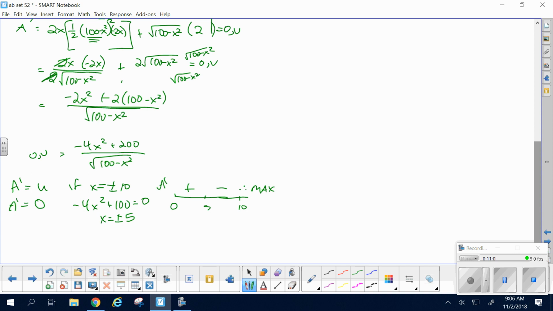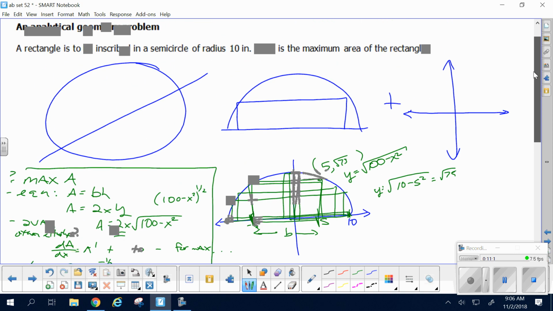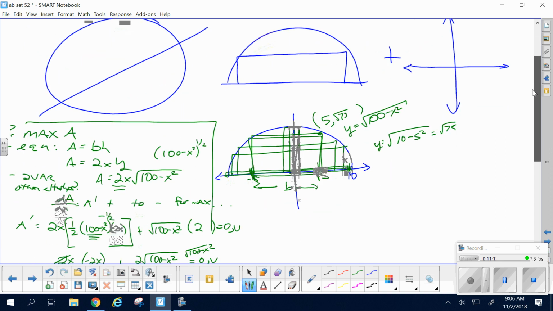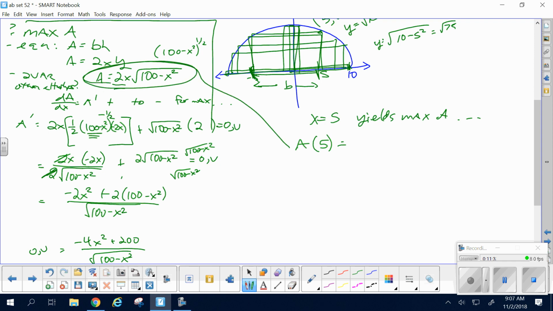And so to answer the final question, does it say what is the greatest possible area or what are the dimensions? So they say what's the greatest possible area? x equals 5 yields the max area, but now we need to actually find the area. The area when x is 5, what is it? Let's go here, because that equation, rather than 2xy, which uses x and y, uses x only.